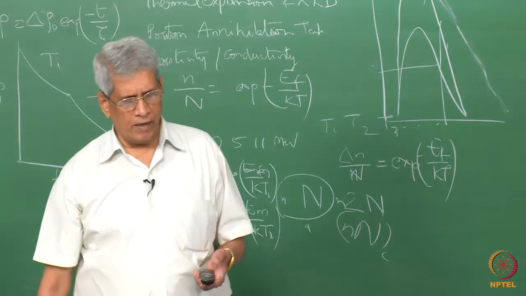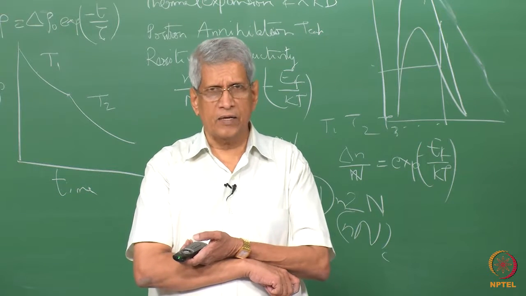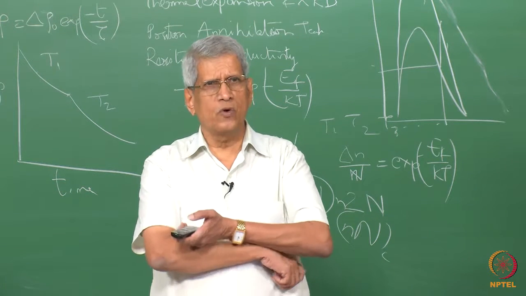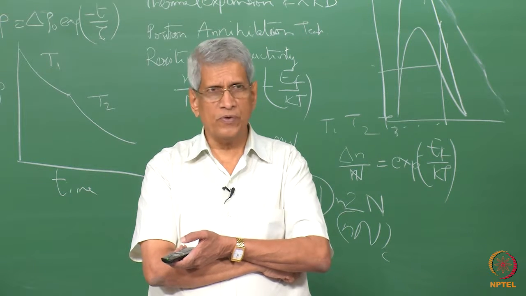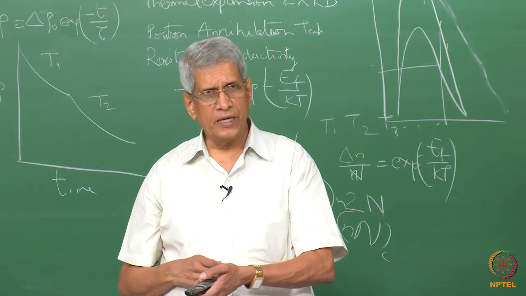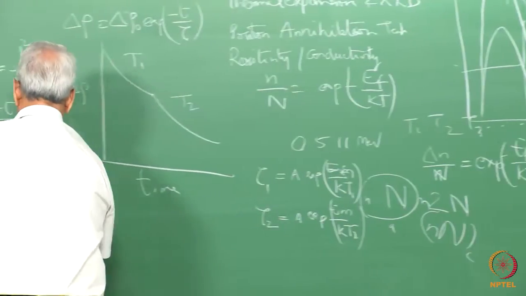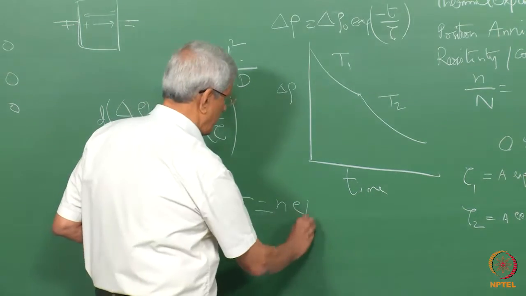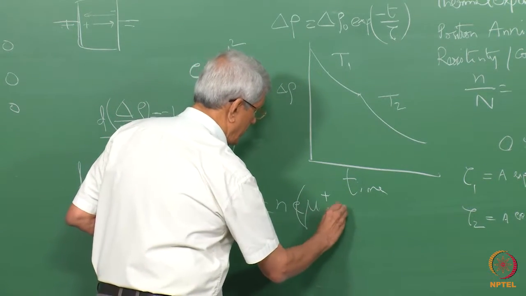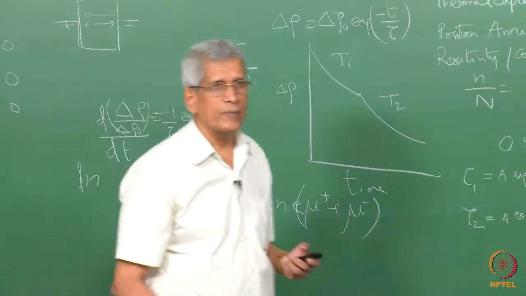If you take sodium chloride, in an ionic material, both the sodium ion and the chlorine ion will move, correct? So the conductivity is sigma equals N into E, that is, both the charge movements.